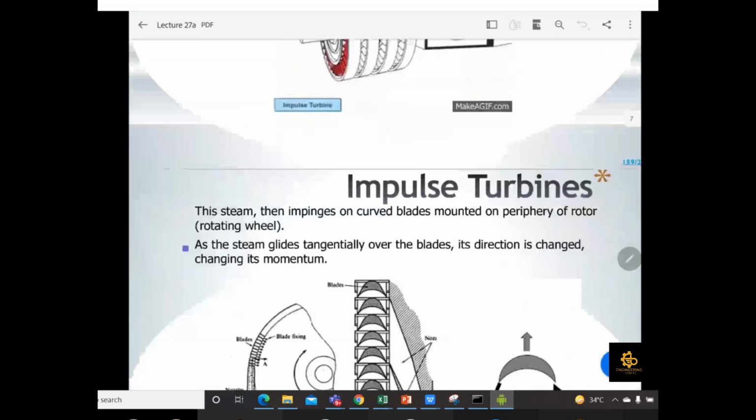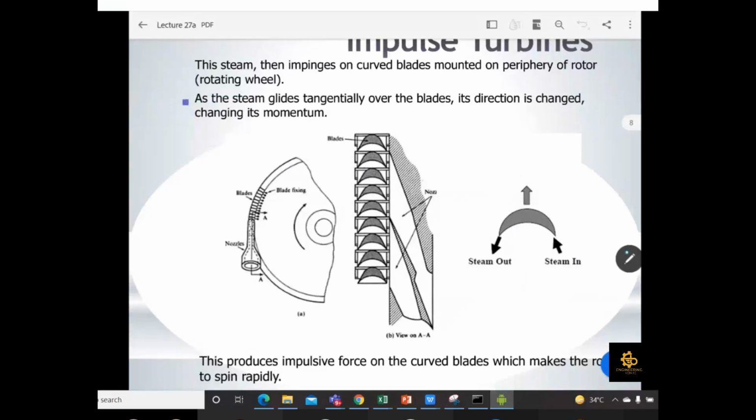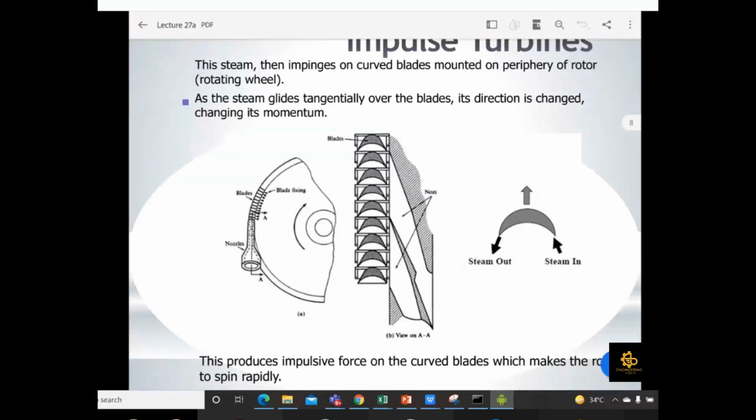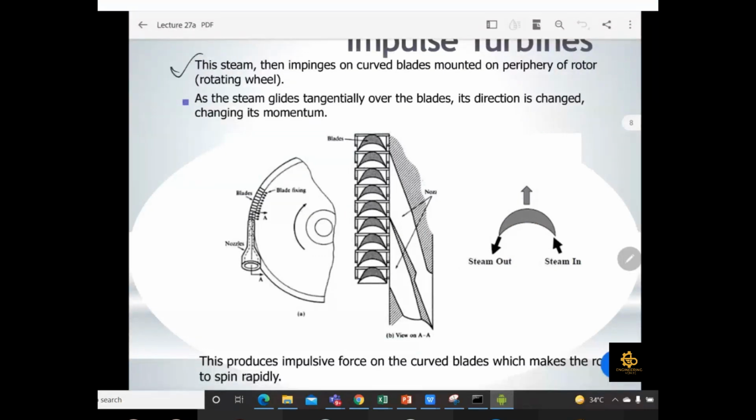Okay, so this figure we already discussed. This steam then impinges on the curved blade mounted on the periphery of the rotor. As the steam glides tangentially over the blade, its direction is changed, changing its momentum.